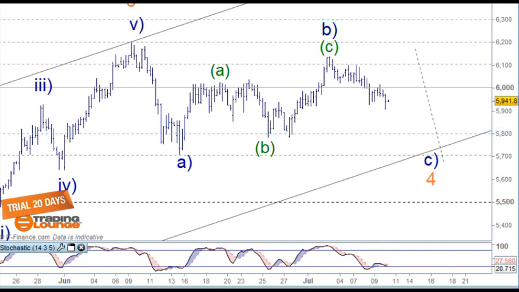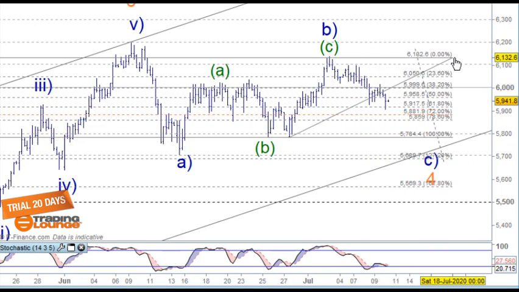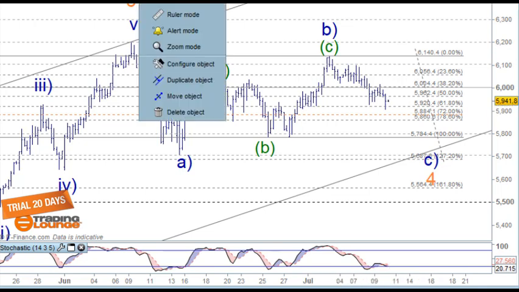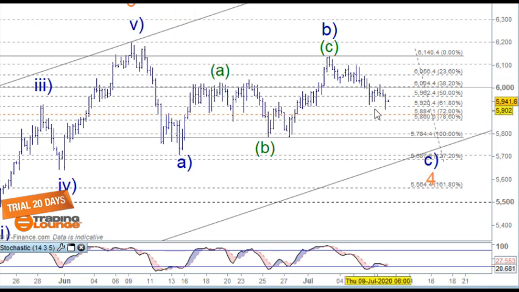The other point here too is the 61.8%. So if we take these lows here to here, that will leave us on the 61.8% here now. So what we could say is that we'd expect support there anyway. We'd always expect support.